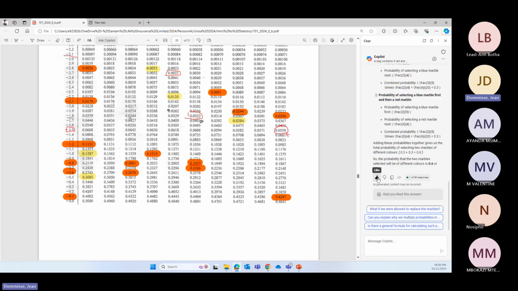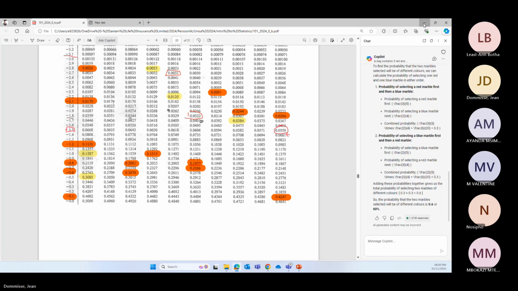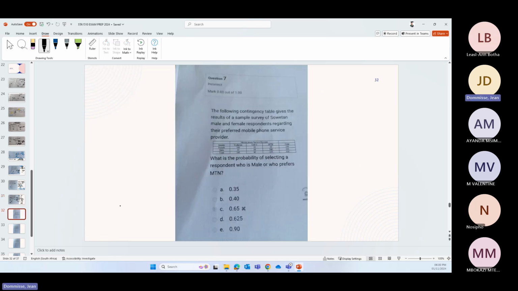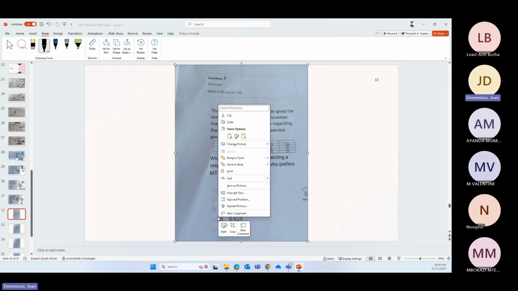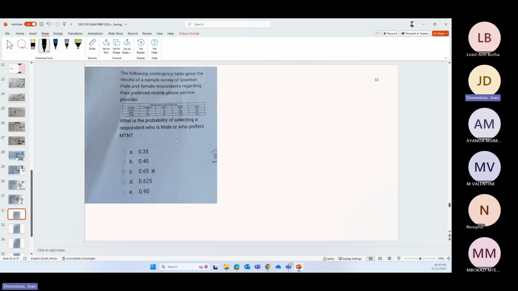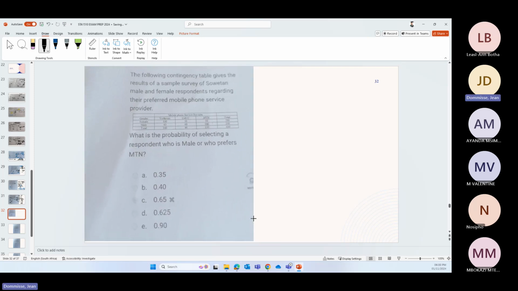So yeah, it is quite cool. This one I would not have gone the route of adding the two. I would have stopped at the 0.3, because I would not have thought about putting those two together. Sure. Okay, so that was quite a difficult one.